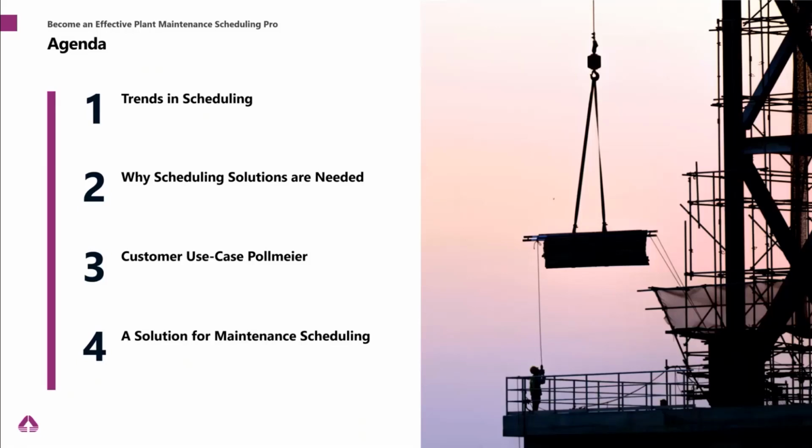We'll talk about that and how that went. And by the way, we do have permission from Polmeyer to talk about them today. And also, we will just go over in a little bit more detail the solution that was implemented in Polmeyer, the dynamic scheduling solution.